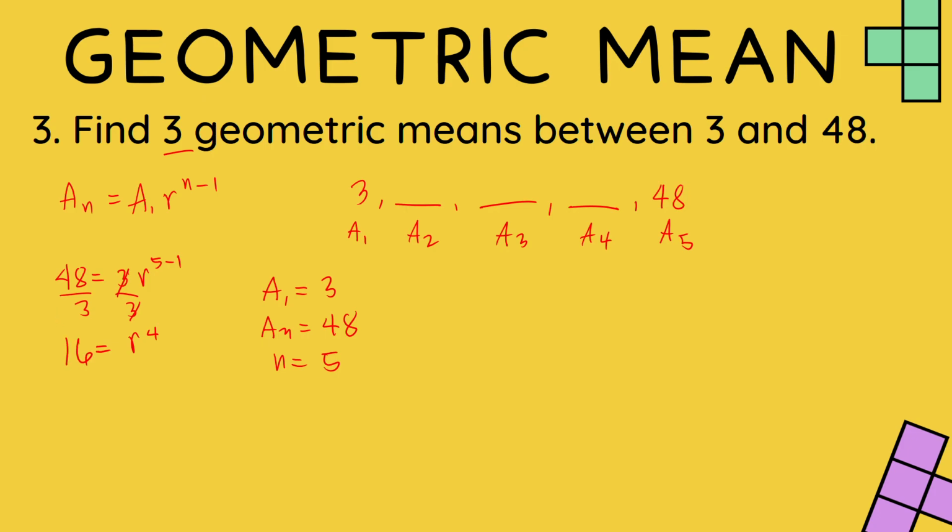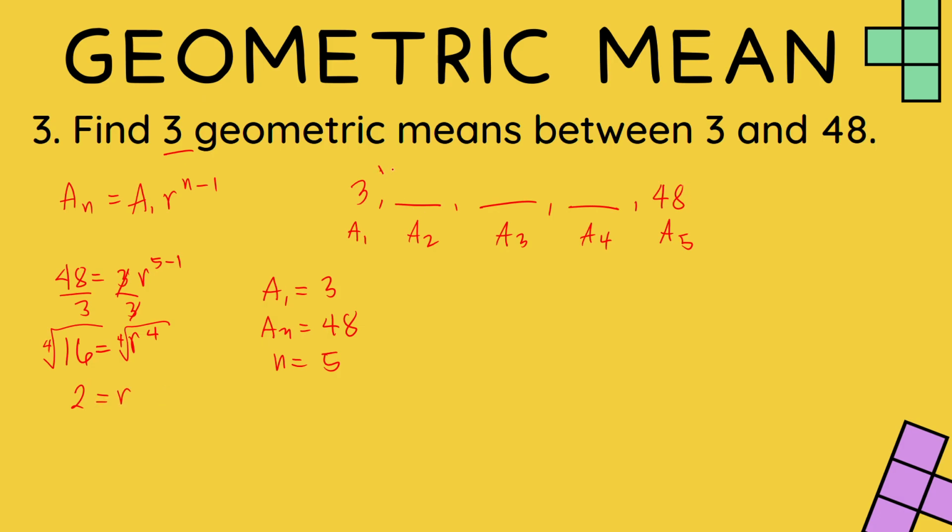Then from 16, we now get the fourth root so that we could only get r. Do not forget the index there. So what is the fourth root of 16? And of course, that is 2. So that is 2 is equal to r.